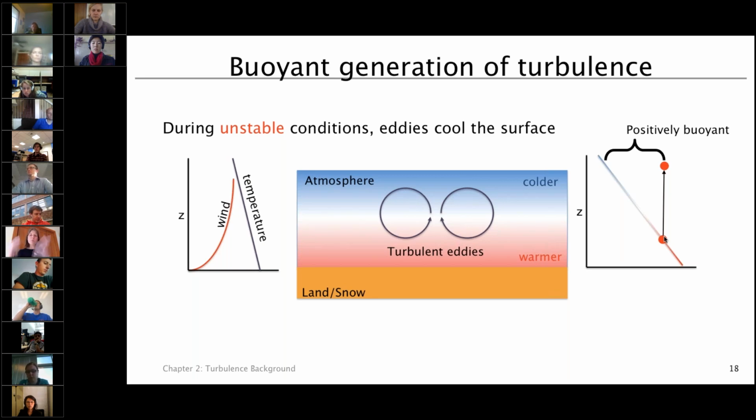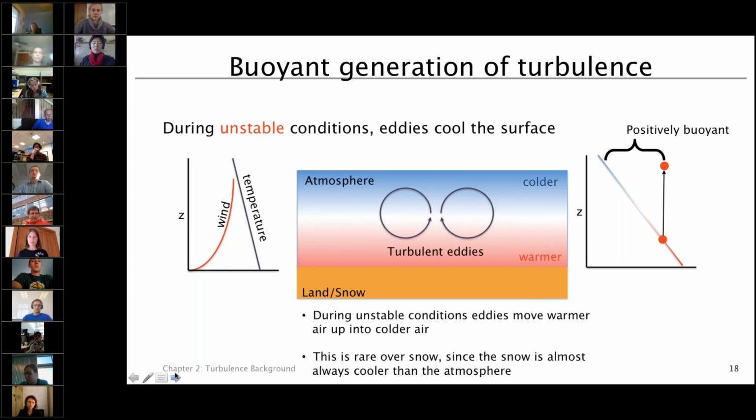So buoyancy is helping you with this turbulence and the mixing. The warm air wants to rise, cold air wants to sink. So not only do you have this mechanical mixing from the wind, but you also have the effects of buoyancy. So just to summarize, during unstable conditions, eddies move the warmer air up into the colder air.